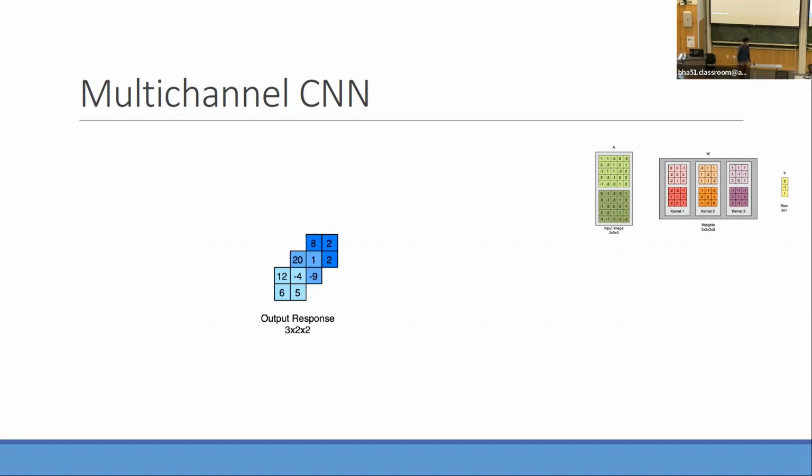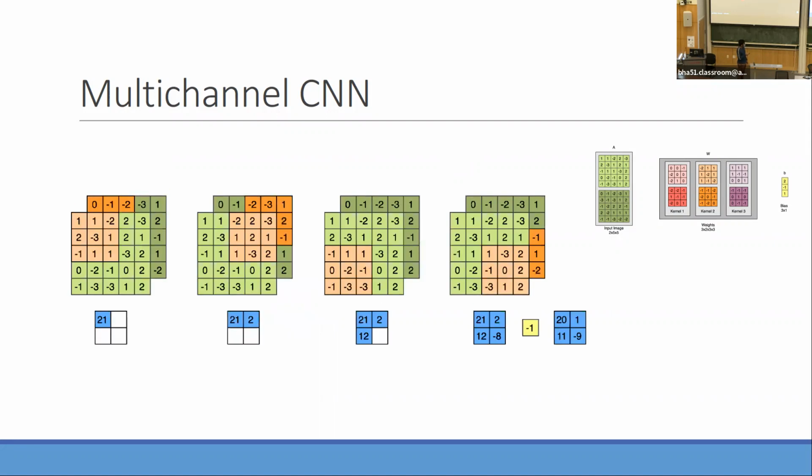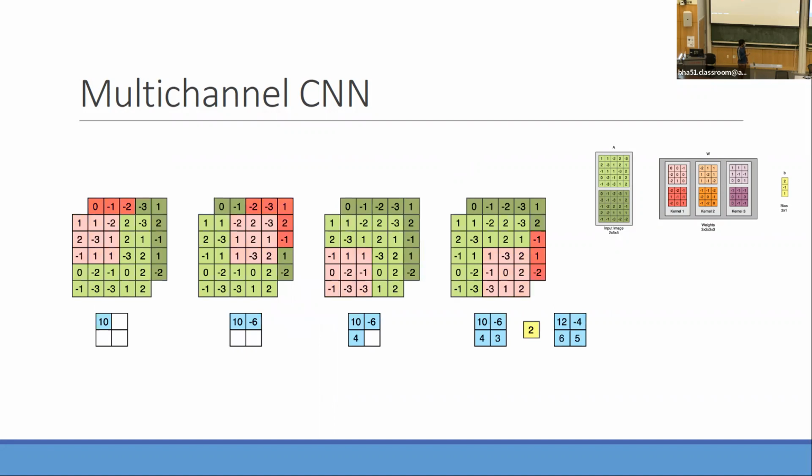Just for one of the kernels, for example, this one ends up being 12, -4, 6, 5. That's the first kernel. You take the dark red filter and convolve it on one of the channels, and the light red and convolve it on the other, and then you add the two.